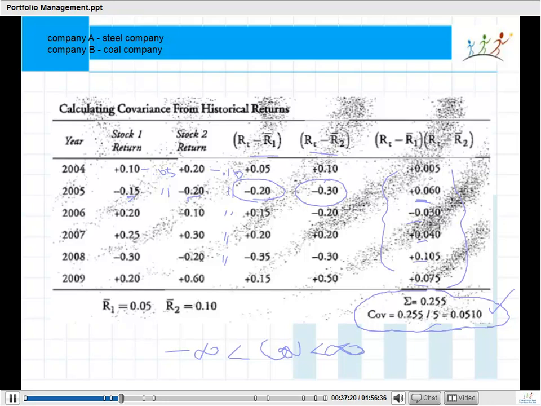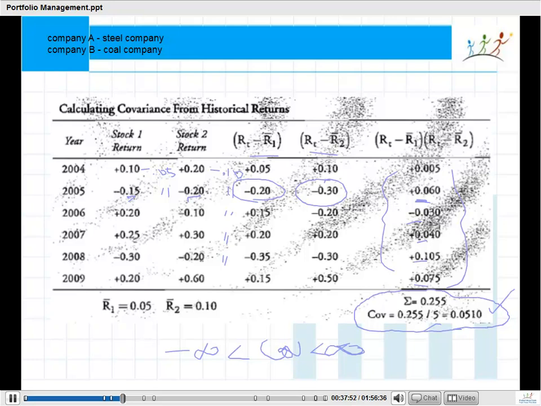Whether 10,000 is high or low, I cannot say. It all depends on the scale of the data that I'm talking about. In this case, my data is in percentages. So it's 10%, 15%. Actually, the number of 5.1% is pretty high, or 0.05 is also pretty high. Whereas if my data was millions of barrels of oil production, 10 million, 20 million on a yearly basis, then a number of 0.051 would have been very small.